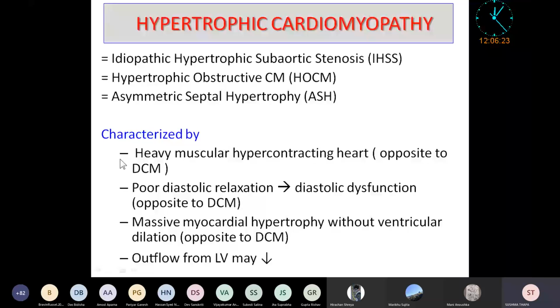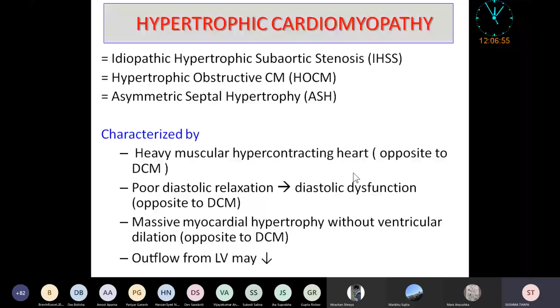Now, when do you call it hypertrophic cardiomyopathy? It is characterized by a heavy, muscular, hypercontracting heart, okay, opposite to the DCM. In the DCM, there is dilation of the chambers, but in hypertrophic cardiomyopathy there is a heavy muscular hypercontracting heart. In the DCM, there is systolic dysfunction, meaning the heart was not able to contract.